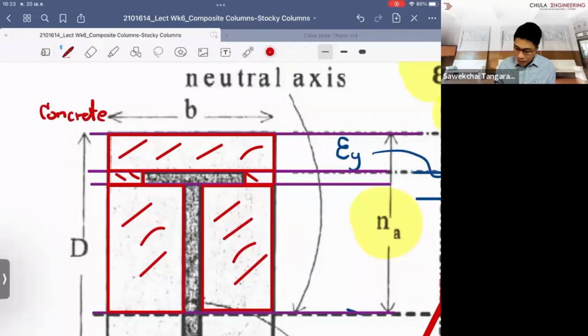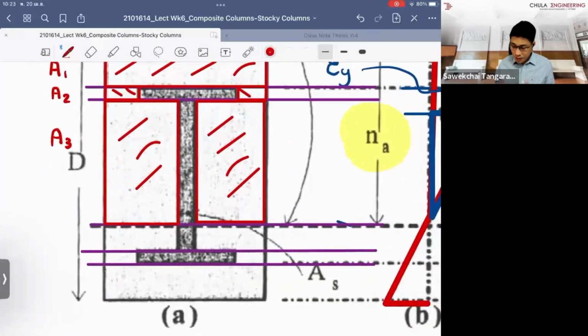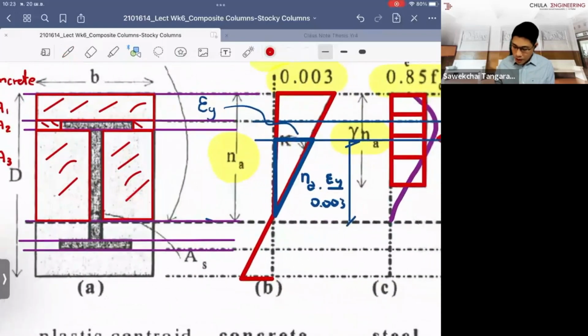And when we look at the areas, the value of the area A1 in the flange is A2. In parts of the web is A3. And you keep doing this. Right, and you only calculate the area of the stress up to... I have to take this off. This is wrong.